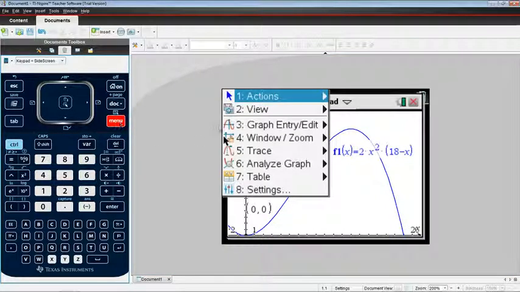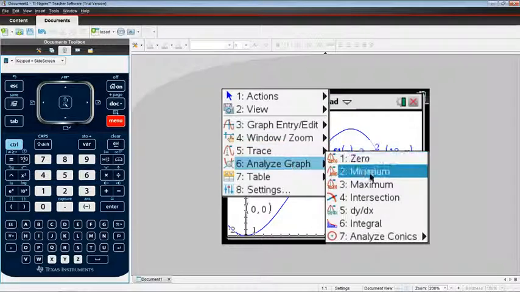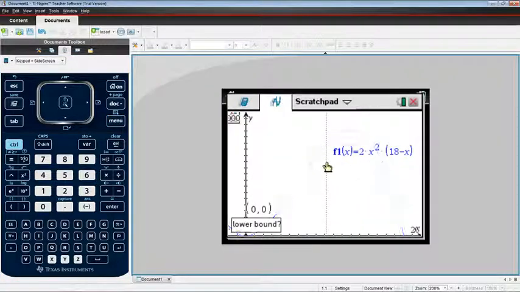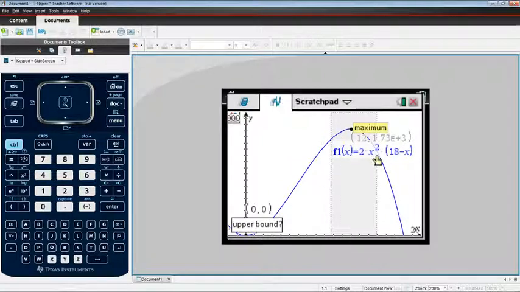The calculator asks for a lower bound. I know I'm looking over here for the lower bound, so for the minimum. So I go slightly to the left, select Enter. It asks for an upper bound, select Enter. And the point is over here at 0, 0. Okay, so that's where the function starts to increase.